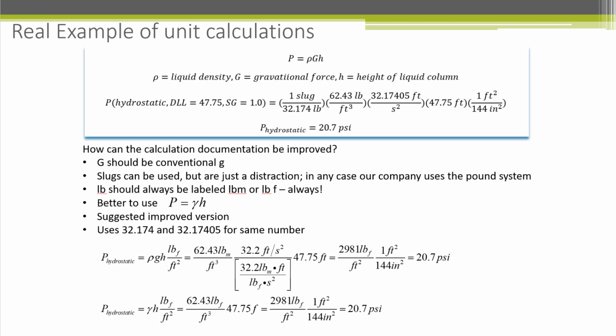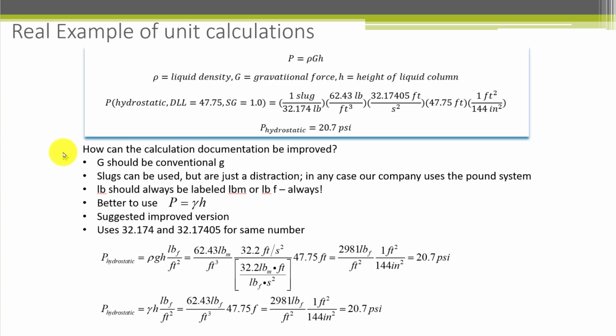Here is a real example of an engineer's calculations, one who I supervise, and here is his computation of the hydrostatic head, or the pressure caused by 47.75 feet of liquid of specific gravity 1.0.